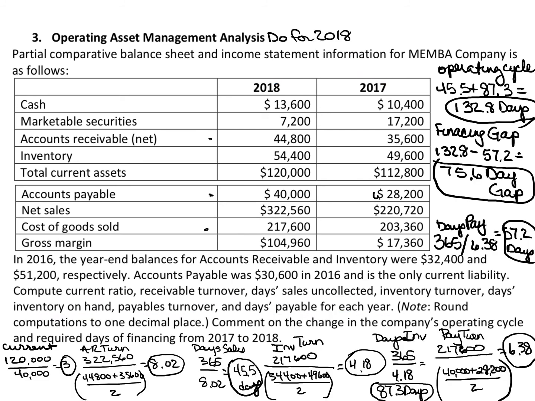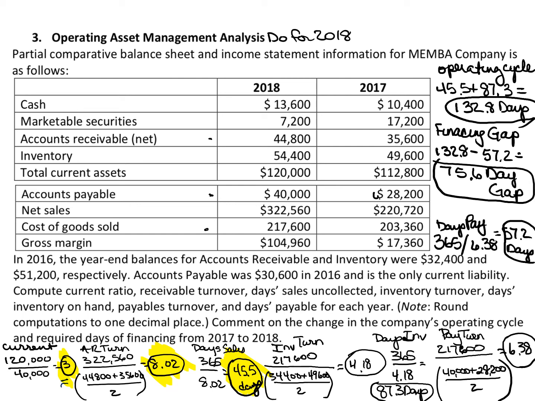I know this is messy, but here are your ratios. Your current ratio, current assets over current liabilities, is 3. I'm going to use my highlighter. When I do my accounts receivable turnover, notice it is 8 times a year, and expressed in terms of days, 45 days is how long it takes my customers to pay me.